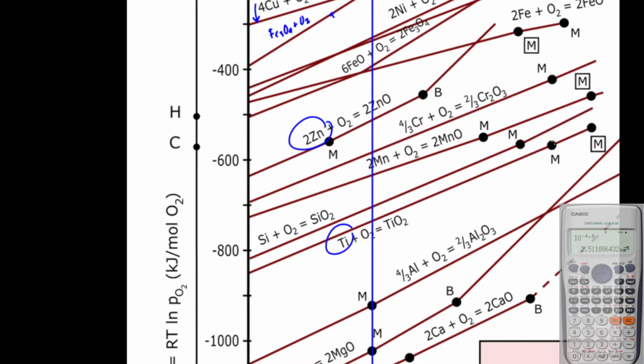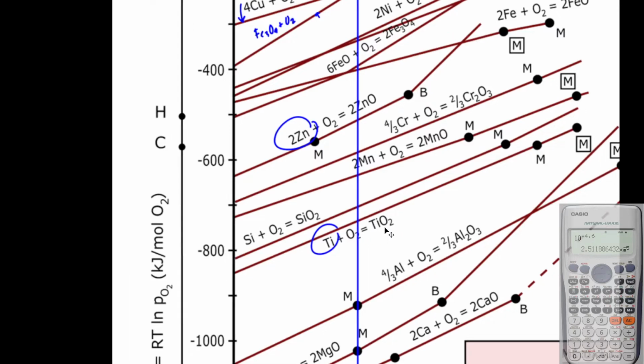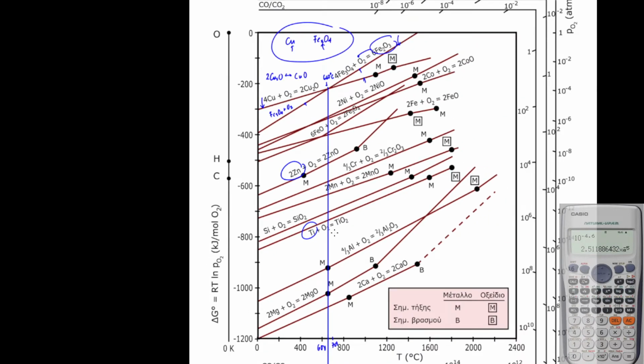Therefore, at all temperature ranges, titanium will always act as a reductant, tapos si zinc will always act as an oxidant, if they were in a redox system. Okay? So, yun lang yung last major application of this Ellingham diagram.